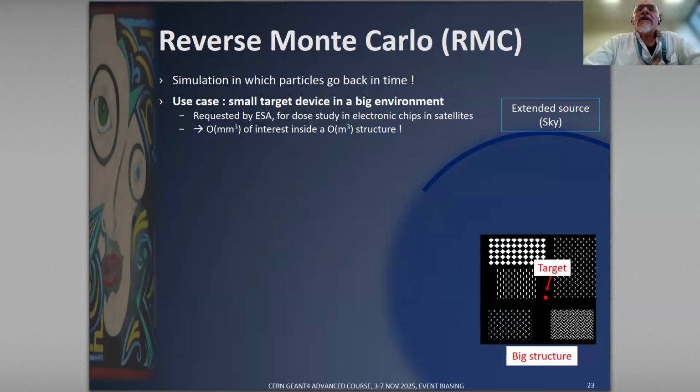And this small volume may be of the order of a few cubic millimeters, while it is placed inside a satellite, which is of the order of a cubic meter volume. So just by comparing these two, you will spend a fraction of time which is the fraction of volume, so one part in a billion, inside the target, while this is the critical part.